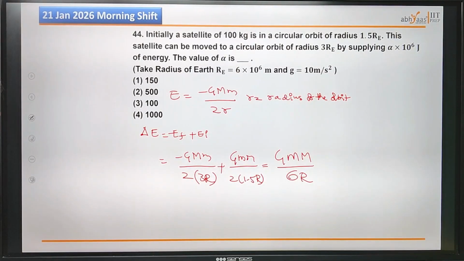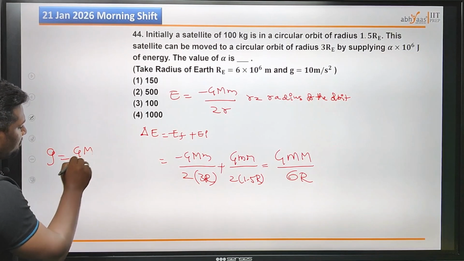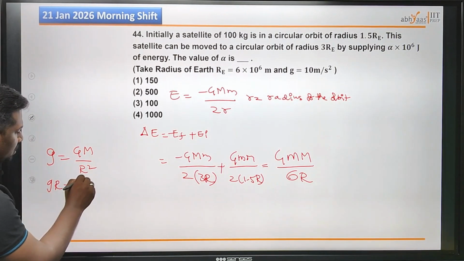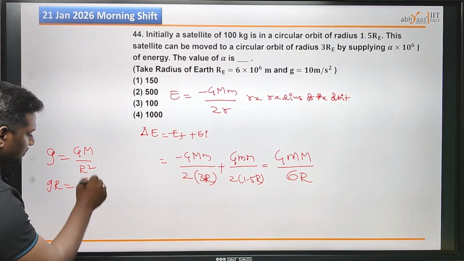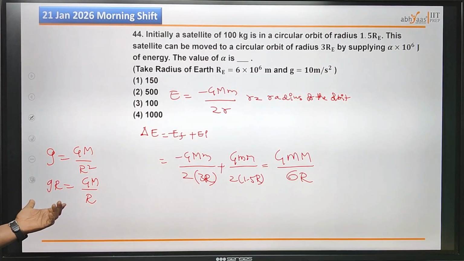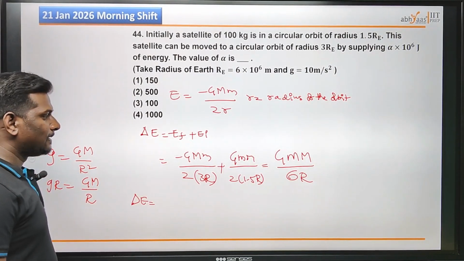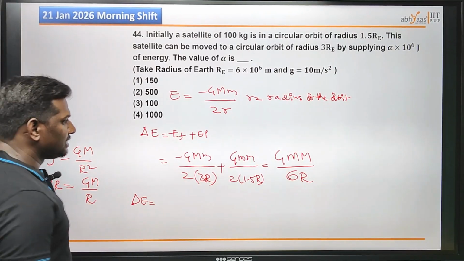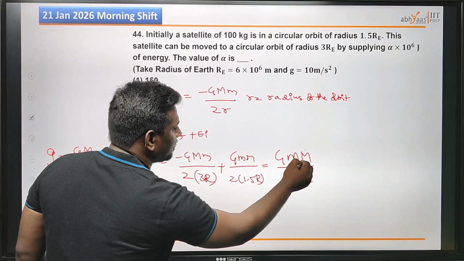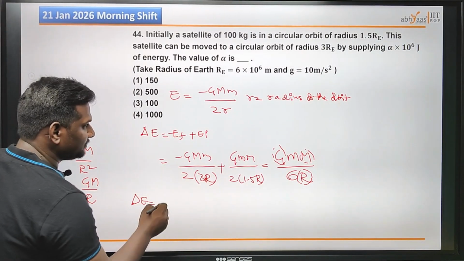We know the gravitational formula g equals GM by R square. If you write it like this, gR equals GM by R. Why are we writing this? To simplify the equation. So delta E can be written as GM by capital R, capital R, capital M and G removed by gR.